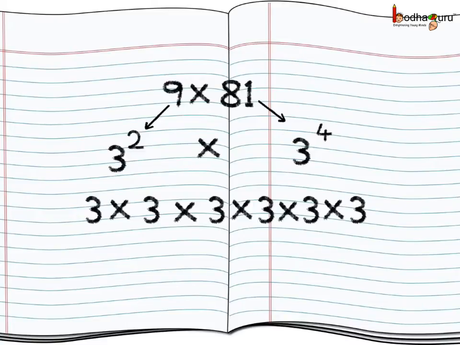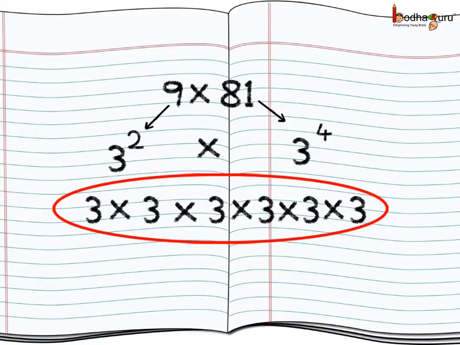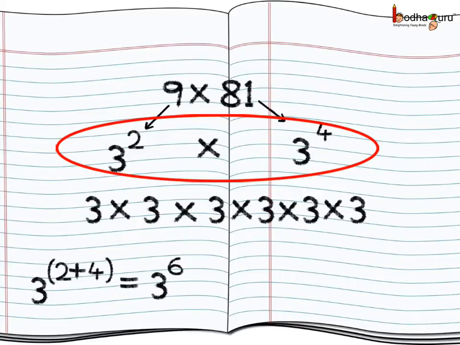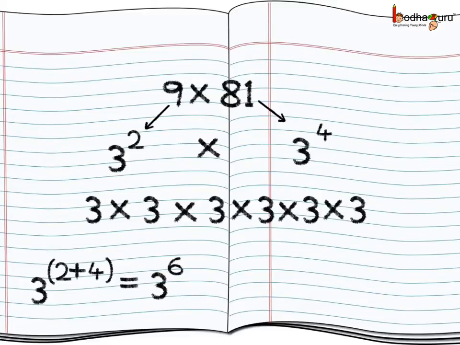So, it is like multiplying 6 threes: 3 into 3 into 3 into 3 into 3 into 3, which is 3 to the power 6. So, when we multiply 3 to the power 2 with 3 to the power 4, we just add the exponents. 4 plus 2 is equal to 6 and the base remains the same. So, the result is 3 to the power 6.